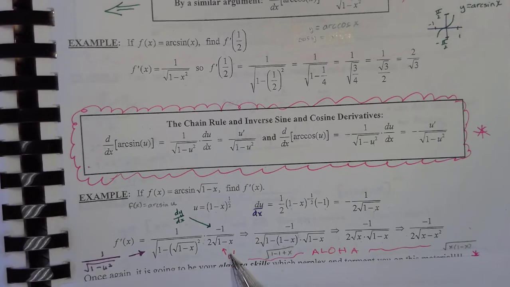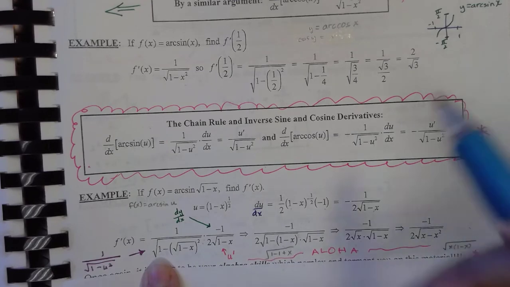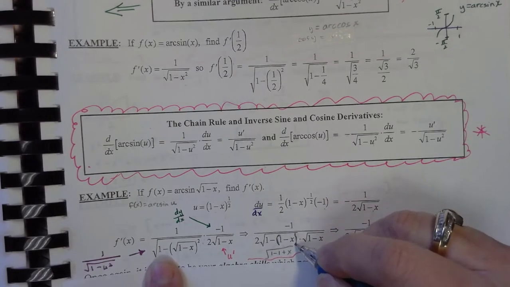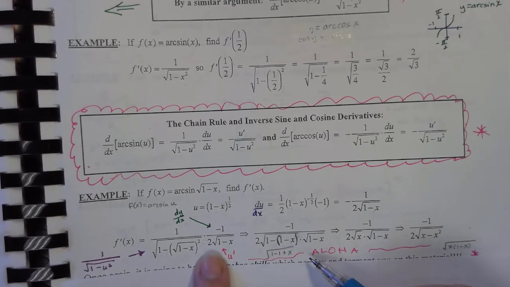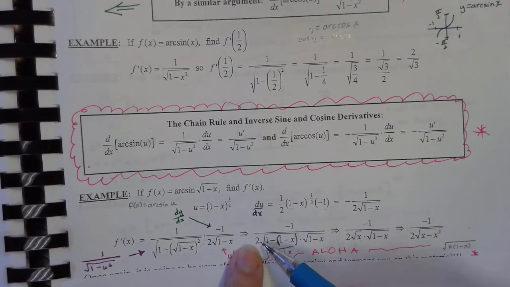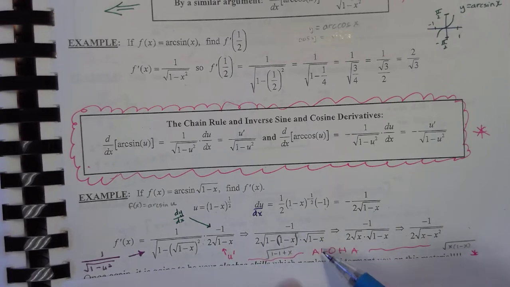And now we're just going to clean it up. What can we do here? We can see that we're squaring this radical, so that's going to give me 1 minus the quantity 1 minus x when I square that. This 2 that's here can come in front, and I can put both of these factors in the denominator.